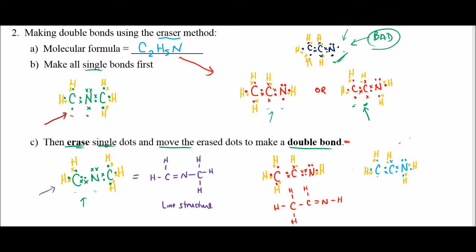So there's 1 lonely dot here and another lonely dot here. They'll move to the middle. So there's now a double bond right here. So I can draw that one. I'm just tracing the original diagram where a shared pair of electrons is a bond.